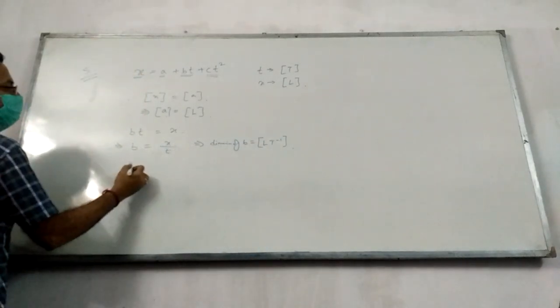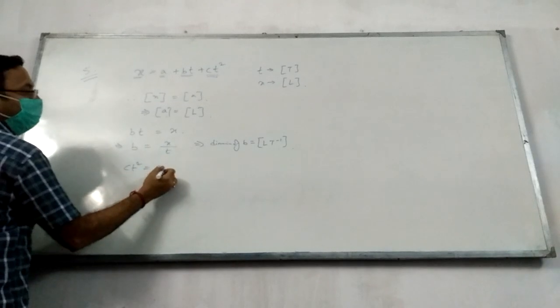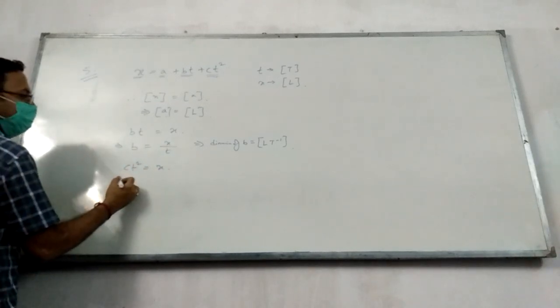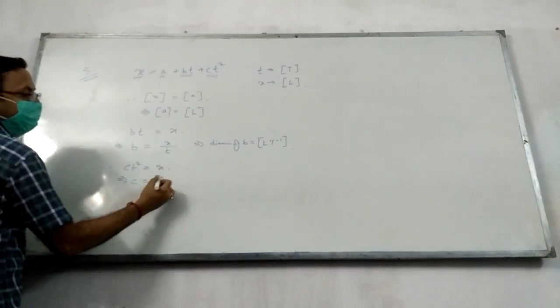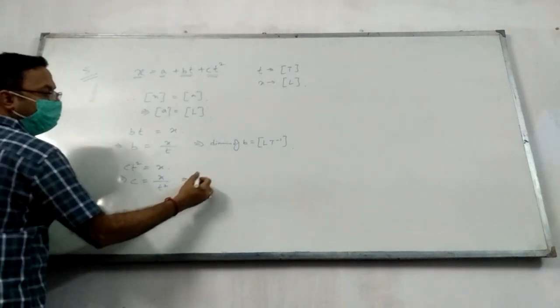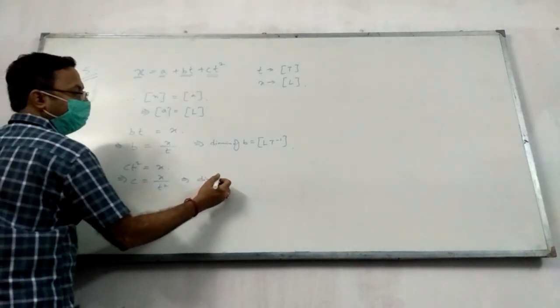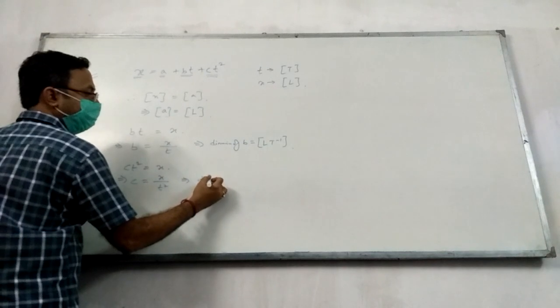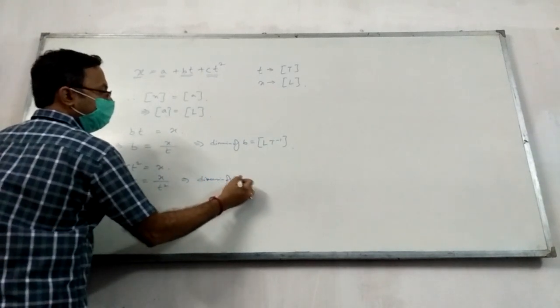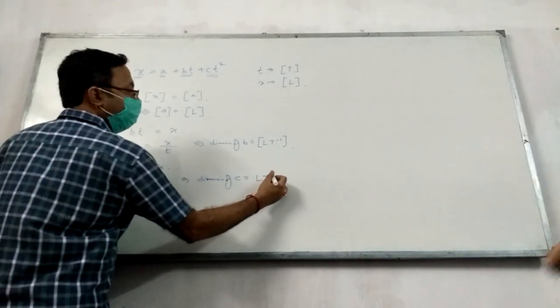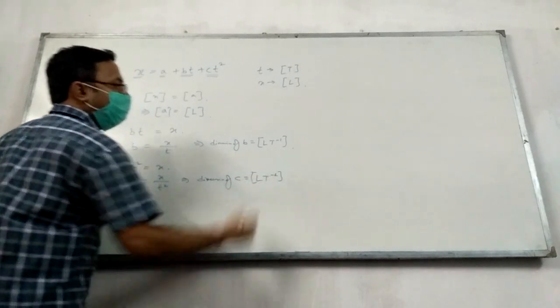Again ct square is equal to x, implies c equal to x by t square, the dimension of c equal to L T to the power minus 2.